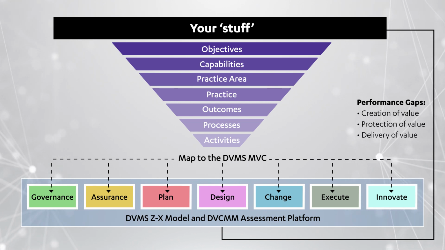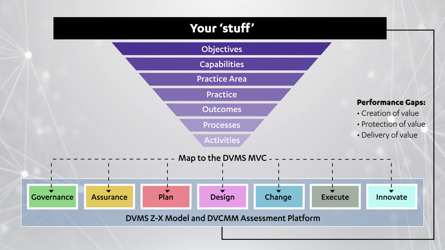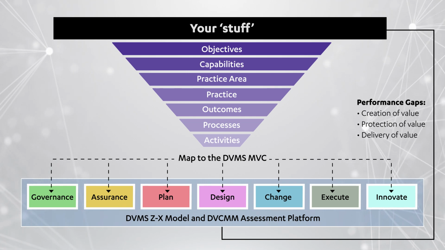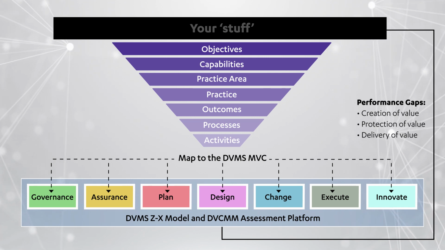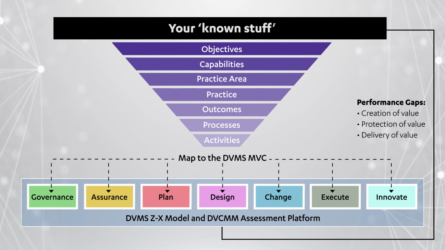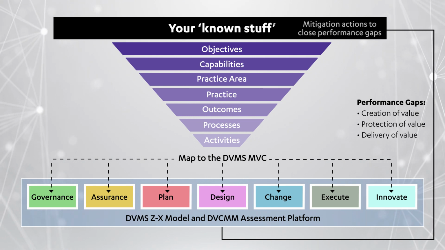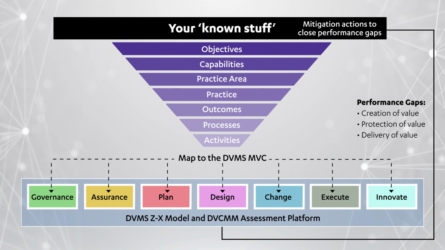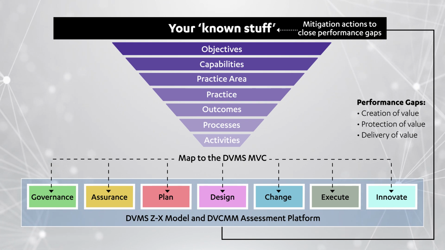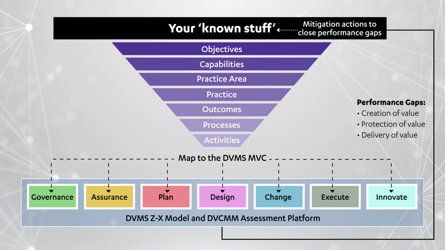Some will be gaps in how we do value protection. Some will be gaps in how we achieve or don't achieve certain types of value delivery. And those in turn may drive us to make various kinds of innovations or take other kinds of mitigation actions to close those gaps. And obviously, this is an ongoing, recurring objective.